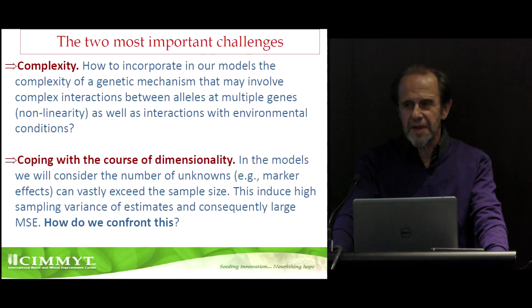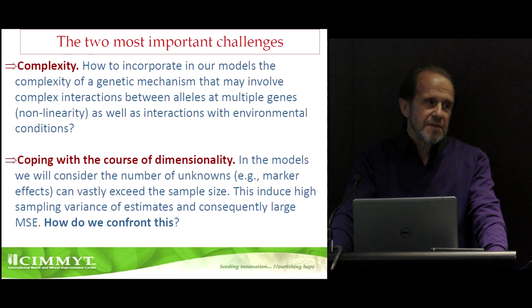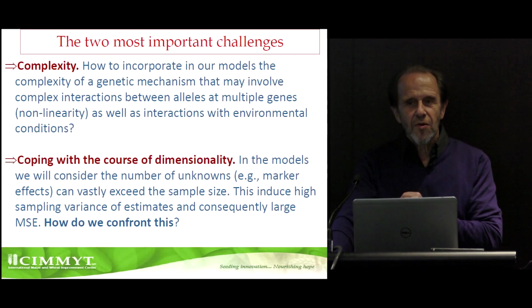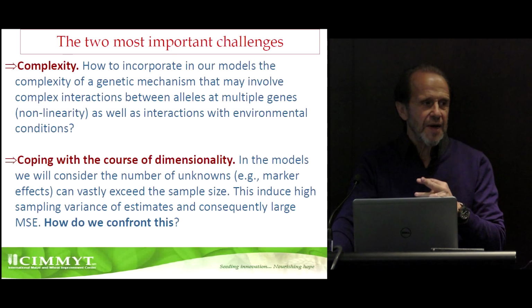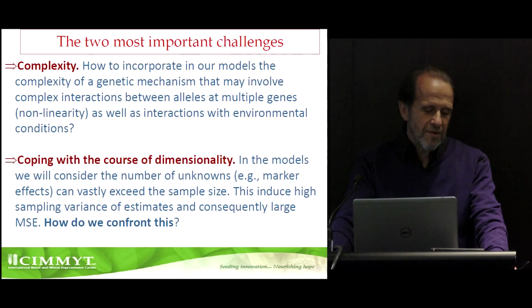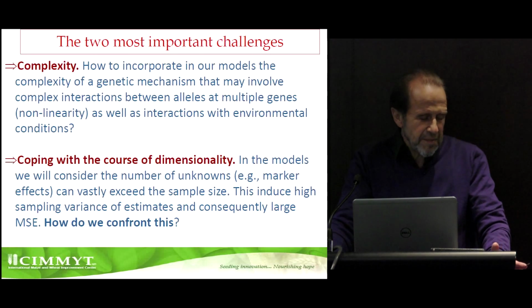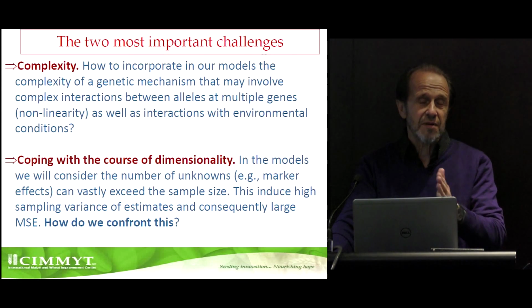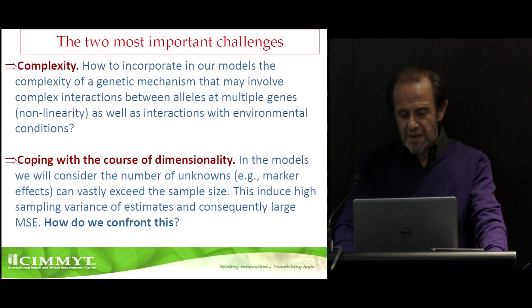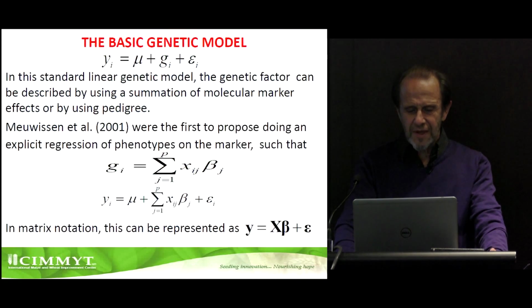So they are not independent. They are related. Therefore, when you try to find the inverse of the matrix, you cannot. The matrix is singular because the markers are related. And that's another problem.